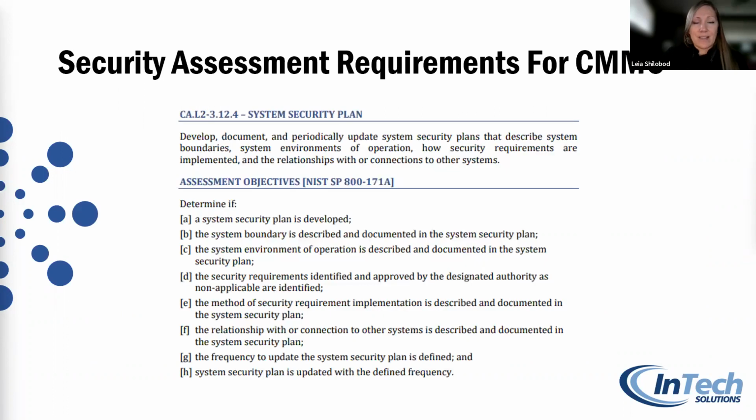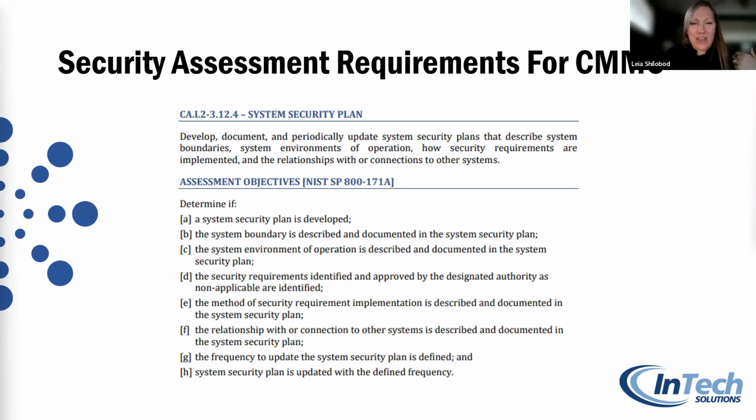All right. The last thing that is required for the security assessment requirement for CMMC is the system security plan. In some ways, that's the bane of many people's existence, because you need to create a plan that details the implementation of all of the 110 controls in the CMMC program.